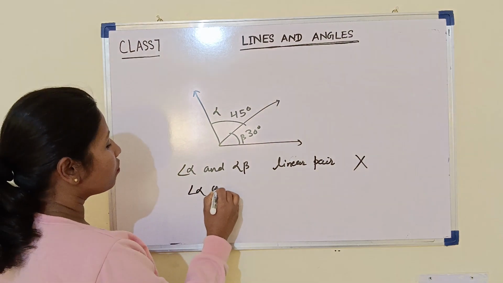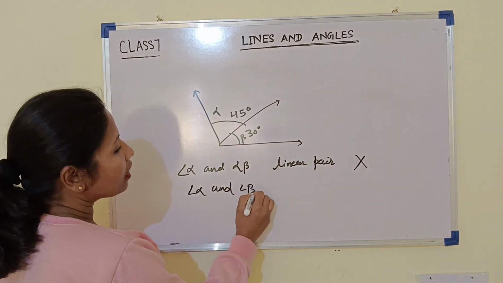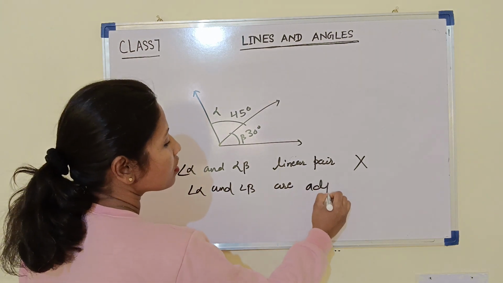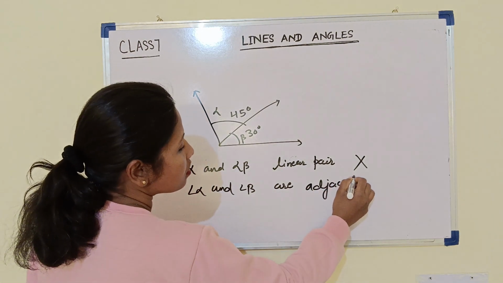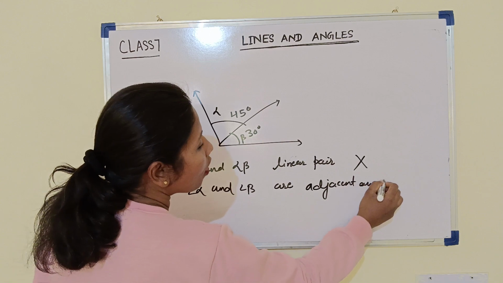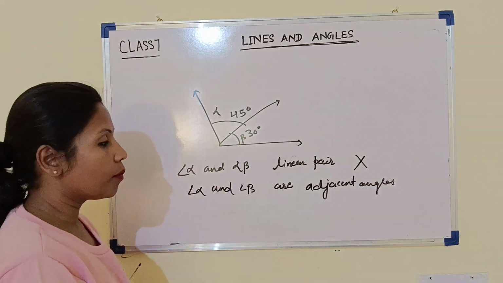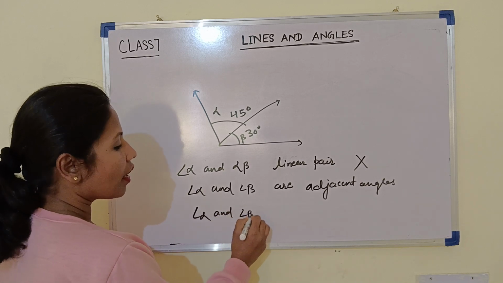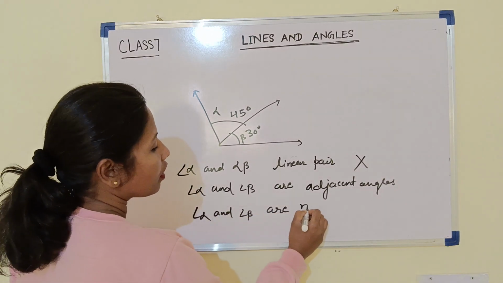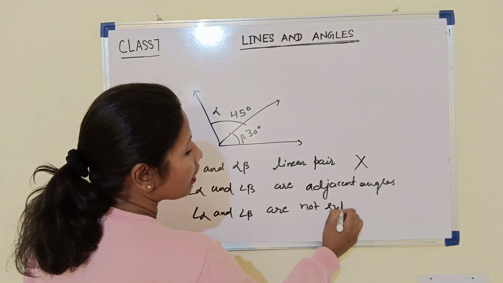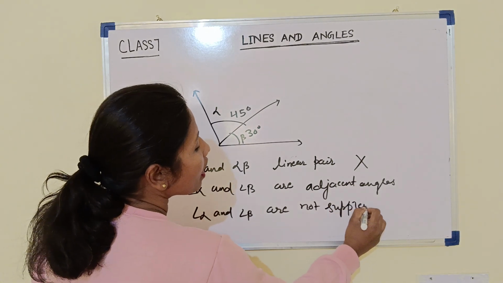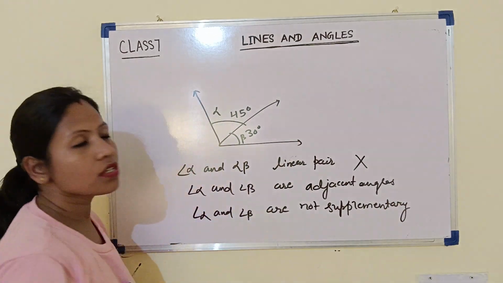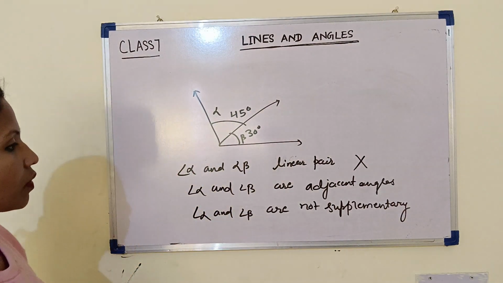But angle alpha and angle beta are adjacent angles. Why? Because they have a common vertex and common arm. Angle alpha and angle beta are not supplementary, because the sum is not 180 degree. The sum is 75 degree. Okay.